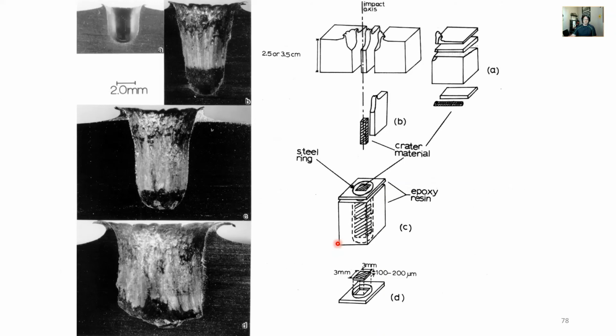I showed this. So this was my experience making specimens out of metal, extracting a small rod of metal from these small craters, actually. So if you look at the scale bar, it's 2 millimeters. That's not a mistake. Anyway, making specimens that are 3 millimeter, and this is 100 to 200 microns.